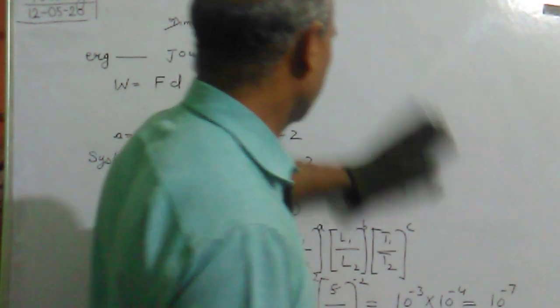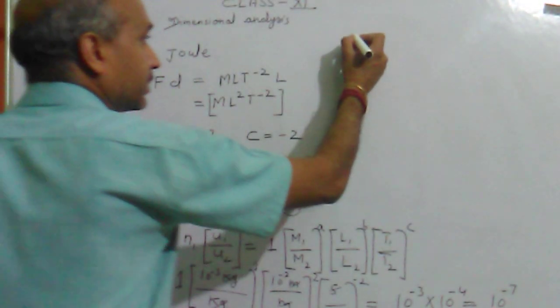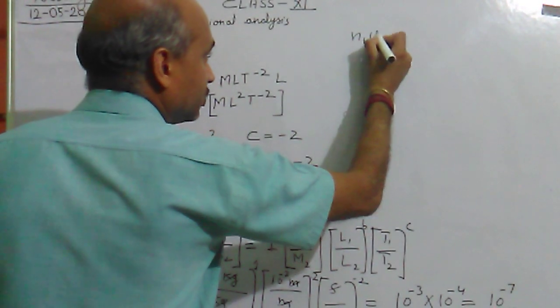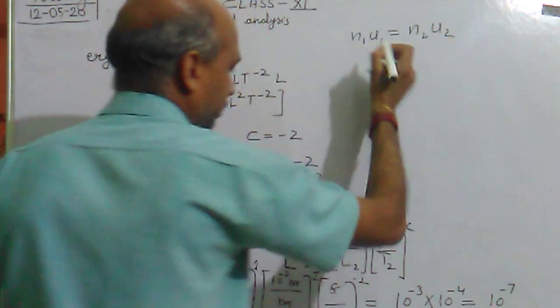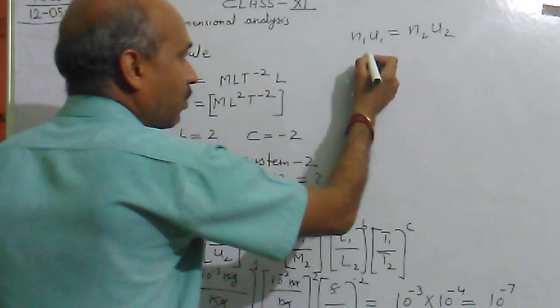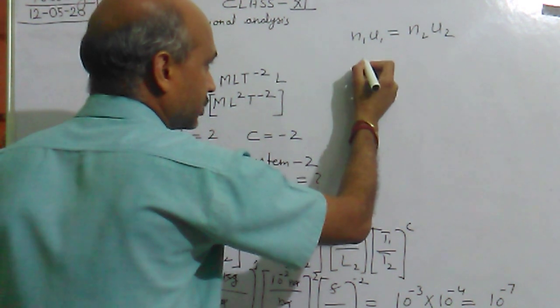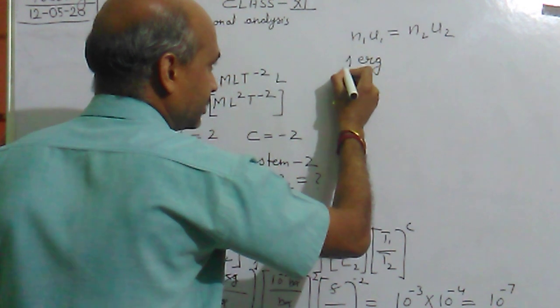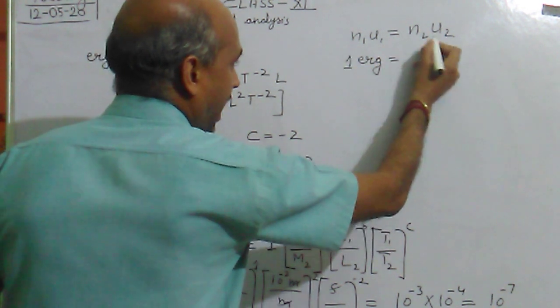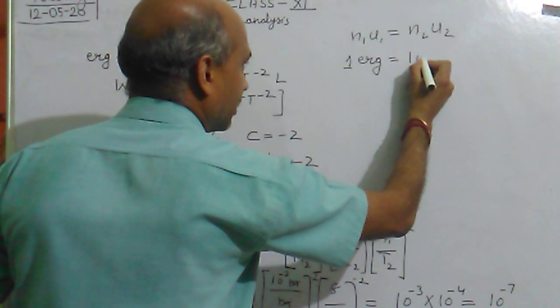So we have n1 u1 equals to n2 u2. So the value of n1 is, we know 1 and u1 is how much? Erg. That means 1 erg equals to n2 की वैल्यू कितनी आ गई है? 10 की पावर -7.